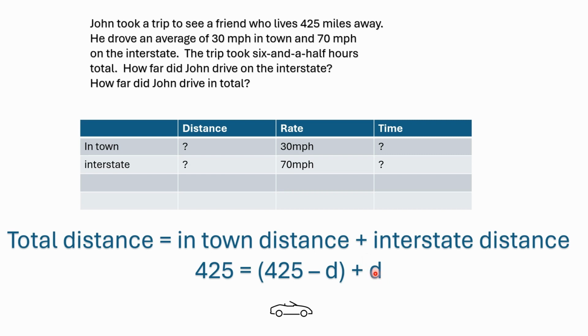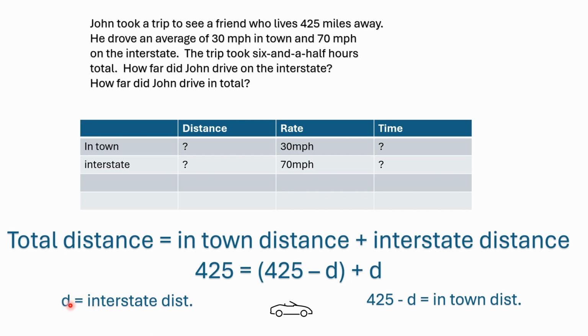So the total distance is equal to the in-town distance plus d, and the in-town distance would be 425 minus d, because if the interstate distance is d, then the in-town distance would be what's left over, which would be the total distance minus the interstate distance, or 425 minus d.